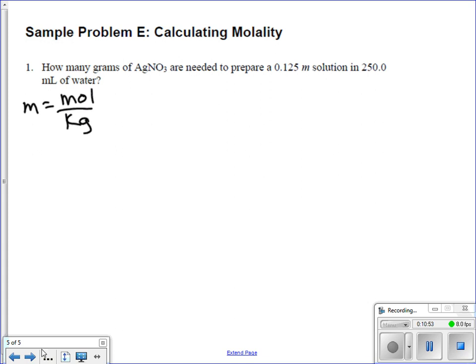They give us little m, they give us molality, so that's our 0.125. They give us our water, so that's our bottom number, that's our kilograms. One thing we need to know, and you can find this in your book in chapter 12, section 3, 1 liter of water is equal to 1 kilogram of water.